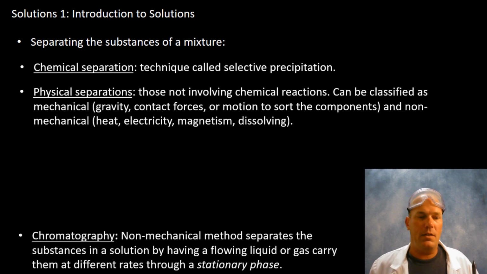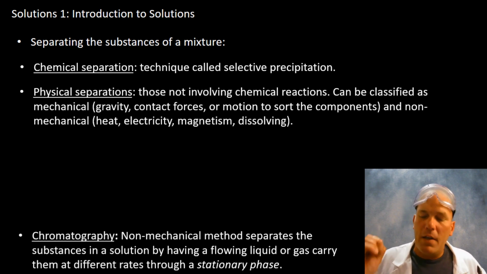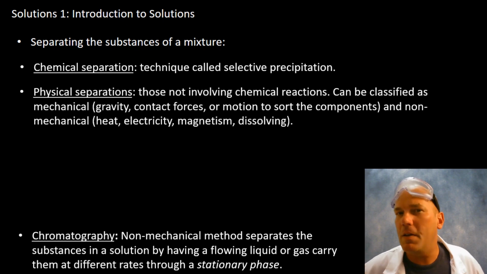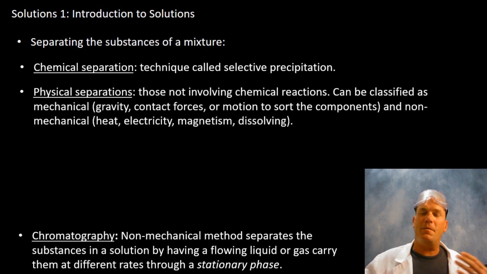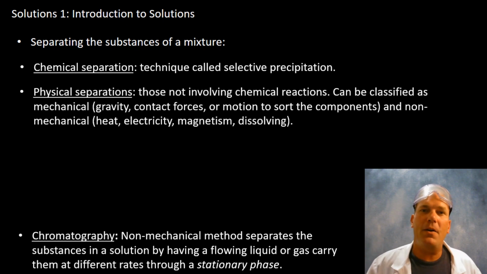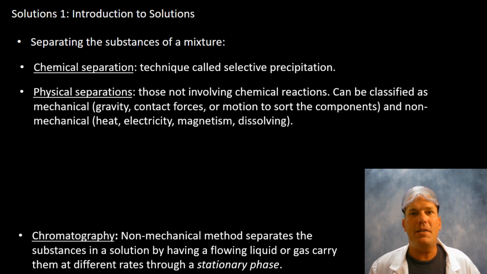We have motion of those components that can separate out the substances in the solution. So chromatography, I want to take a moment and really talk about that. I'm guessing most of you have done some chromatography in biology, maybe some chlorophyll A work. We have some chromatography that we'll probably get to in this course. If you're in the biotech pathway, you've definitely done some really cool chromatography. No pun intended there.